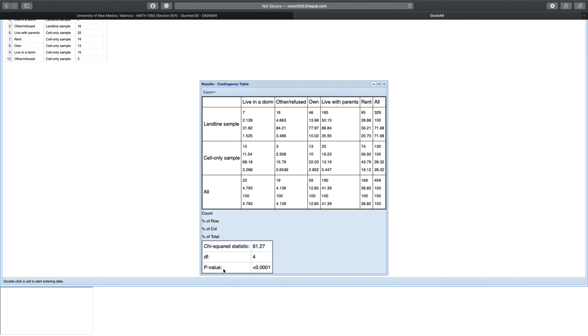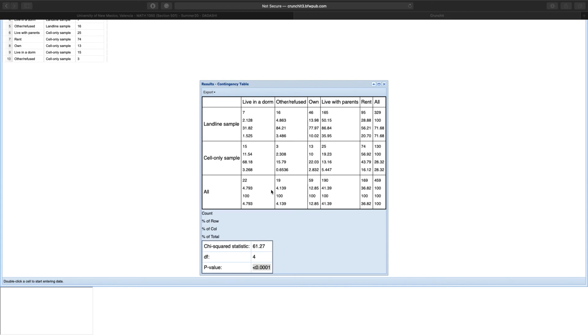Then we have the p-value, and this probability here is calculated to be very, very small, very much less than the level of significance. I didn't provide any level of significance for you, but it's obvious that this p-value is very small, so we don't need the level of significance at all.